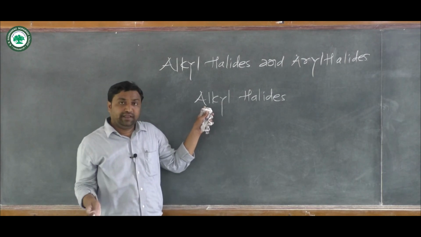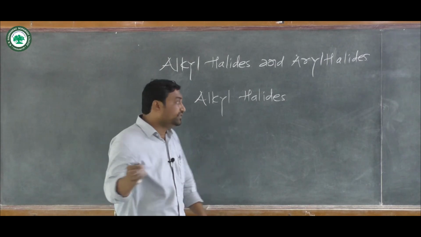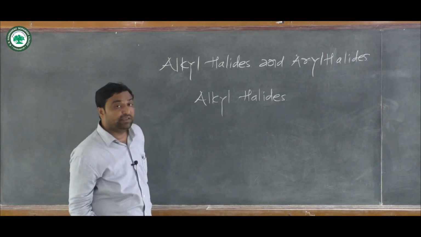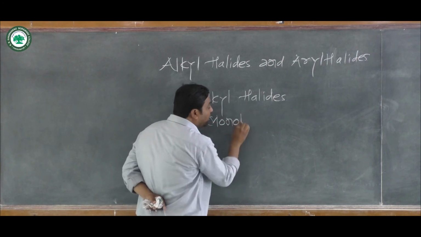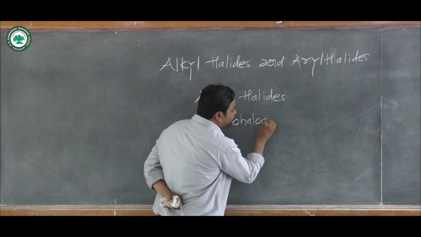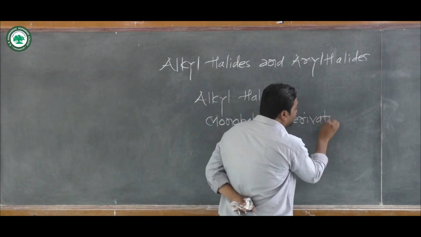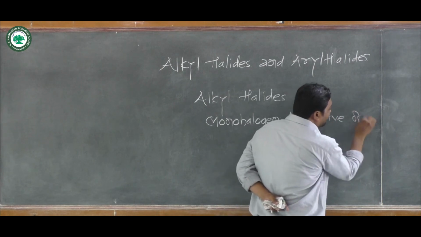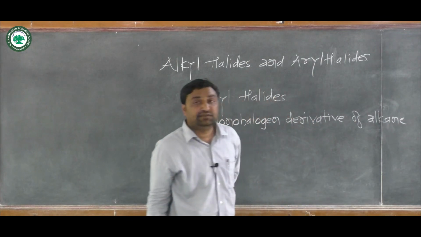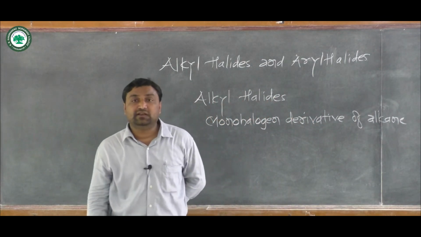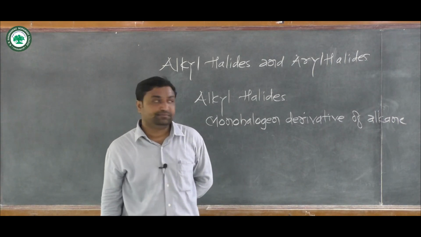We have already seen that alkyl halides are nothing but the monohalogen derivatives of alkanes, in which one of the hydrogen atoms of the alkane is replaced by one halogen atom.